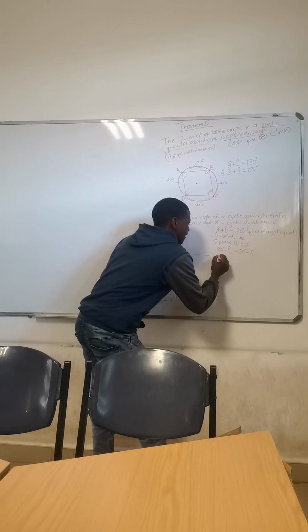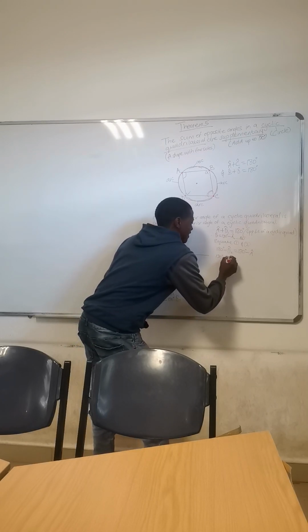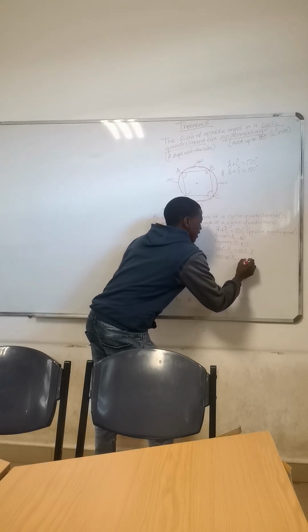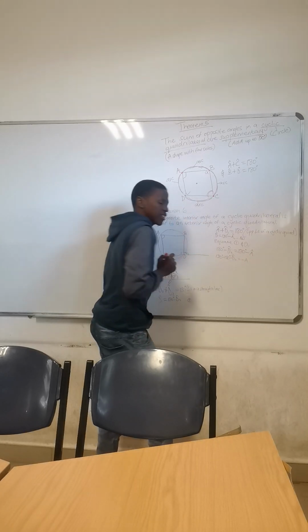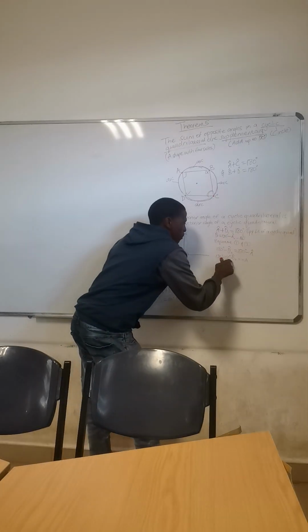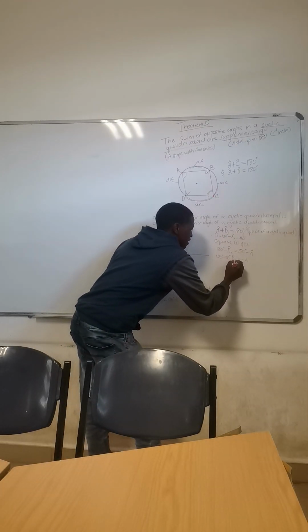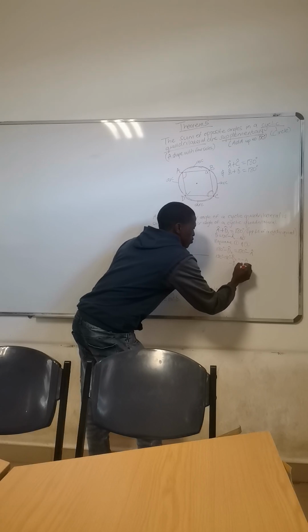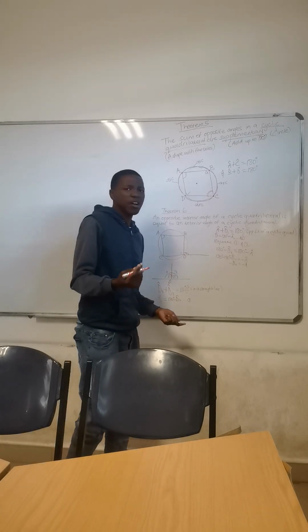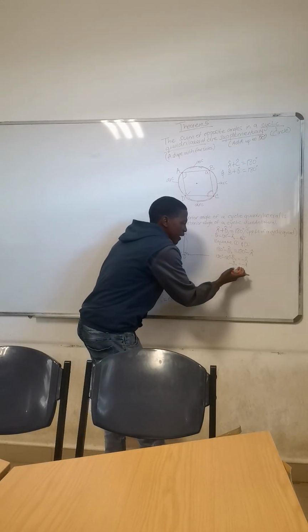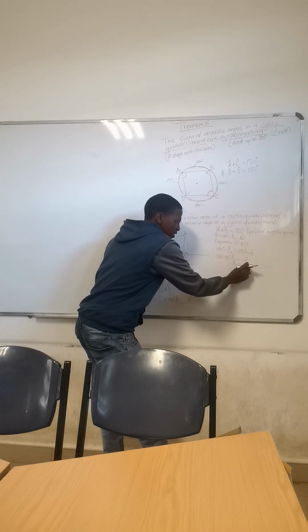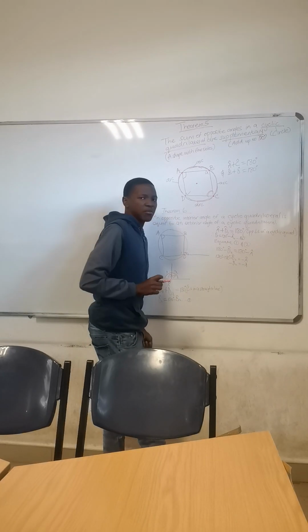So 180 minus 180 is 0, minus D2 is equal to minus A. And then you can divide by negative 1, or you can simply exchange the terms.